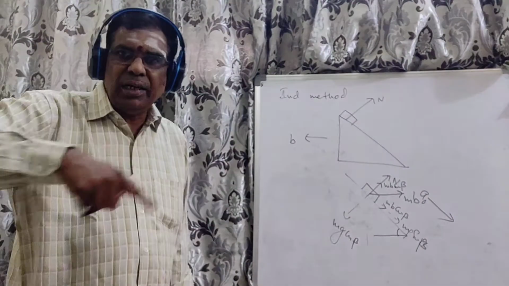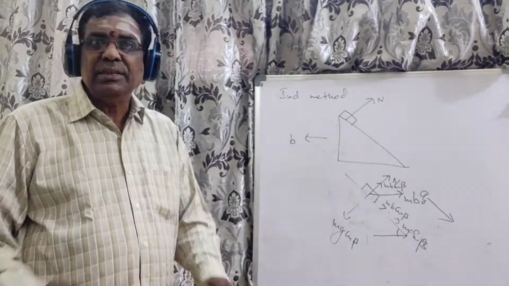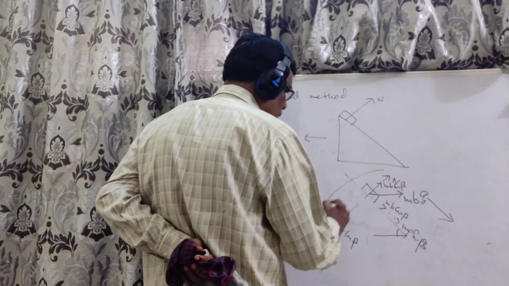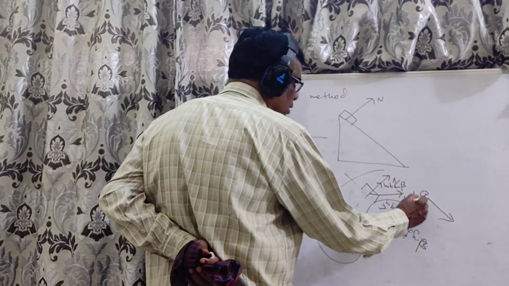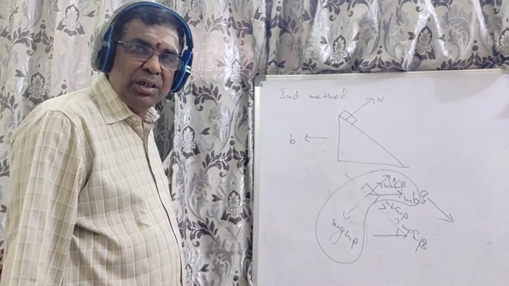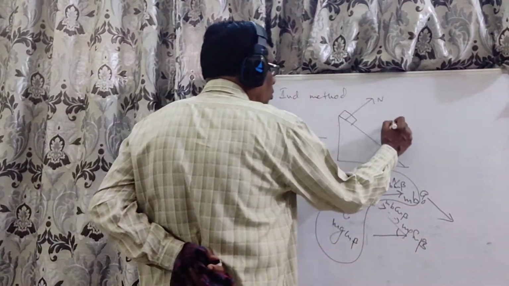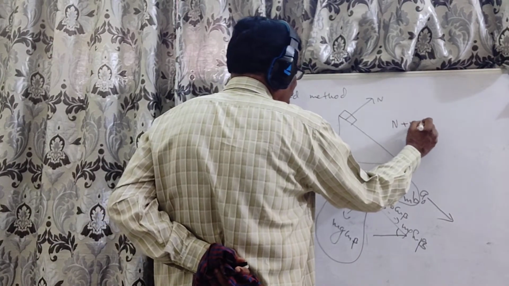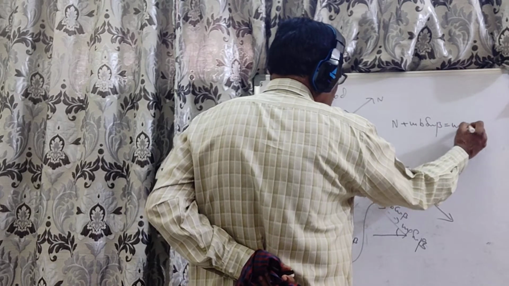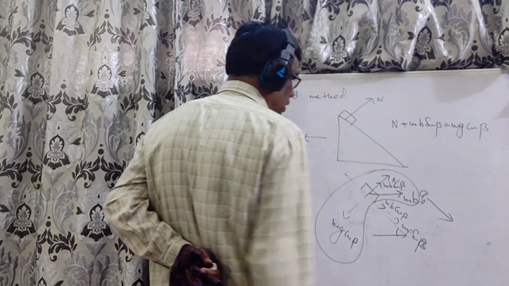Perpendicular to the incline, no acceleration, that is 0. Therefore, there is a balance of forces in the direction normal to the inclined surface. What is that? N plus mB sin beta is equal to mg cos beta.